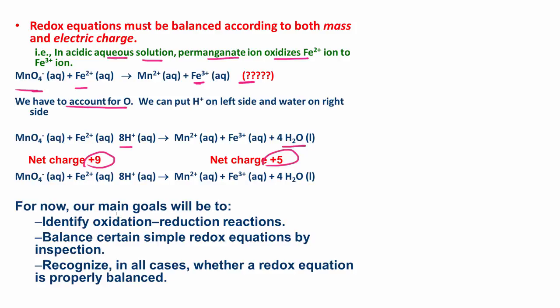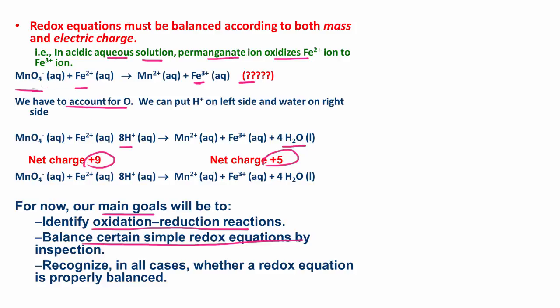So our main goal right here is going to be to identify oxidation reduction reactions, balance redox equations, either by inspection or by the half reaction method, which is what I'm going to show you, and be able to determine if a redox reaction is properly balanced. In most cases, like combustion reactions, we can balance them using our normal methods.